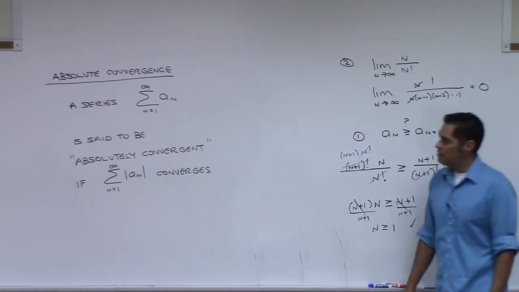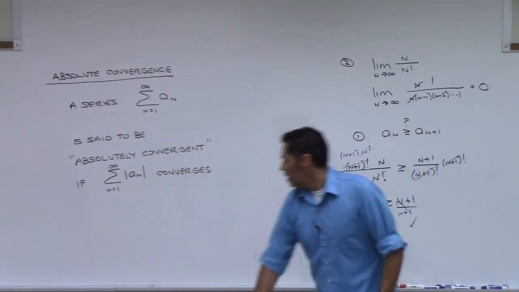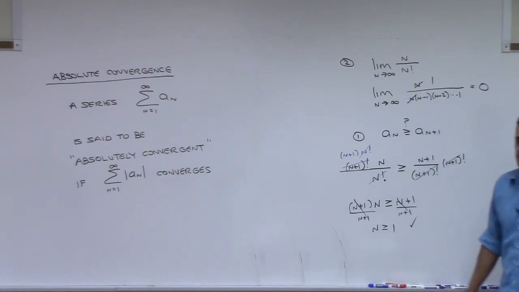A series is said to be absolutely convergent if the absolute value of the sequence inside converges.